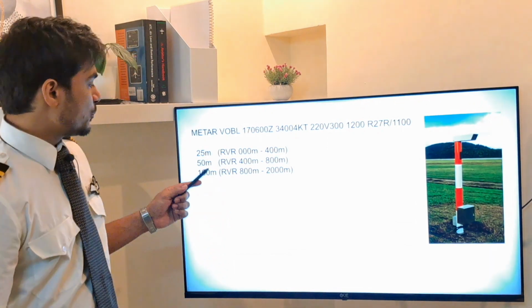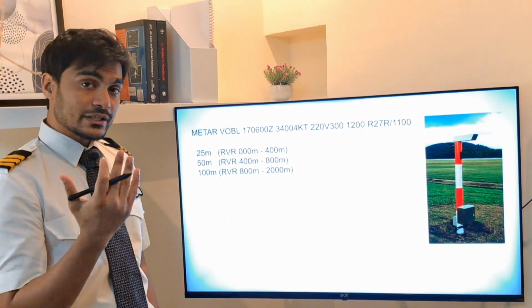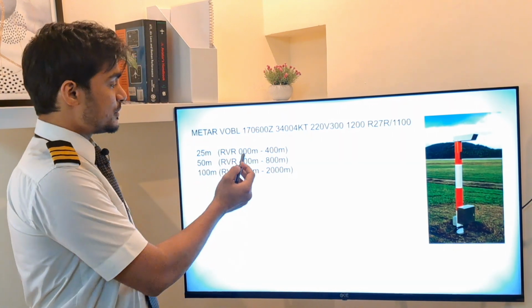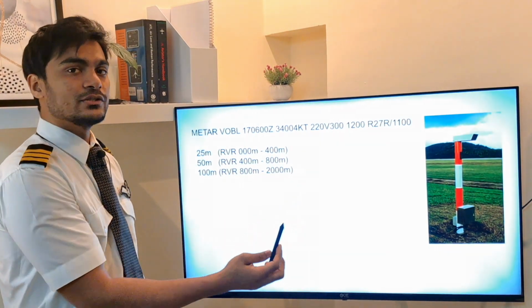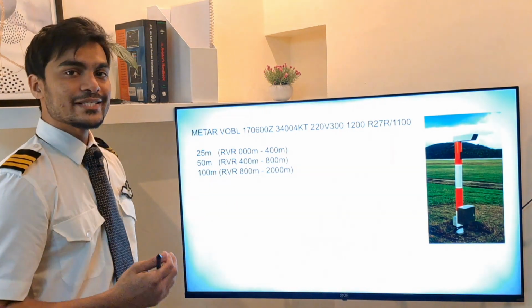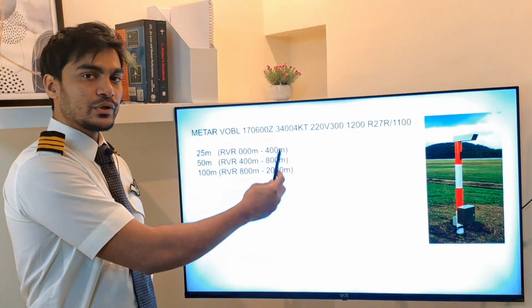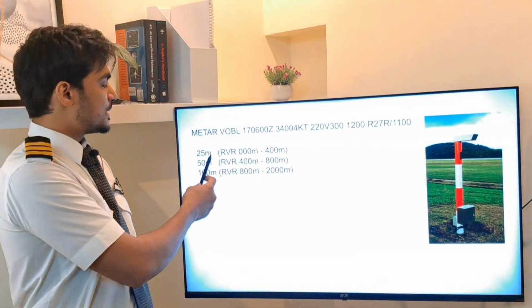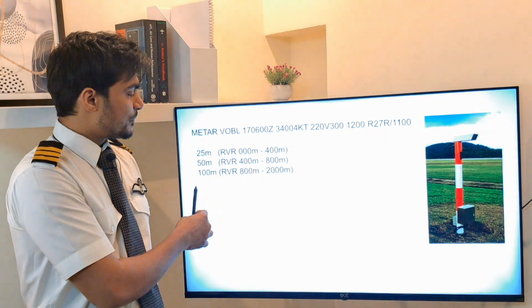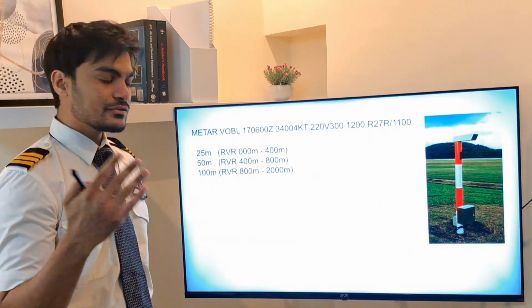So here we have a few intervals for how RVR is presented to us. If your runway visual range is from 0 meters all the way up to 400 meters, it is always presented at an interval of 25 meters, like 25, 50, 75 and so on. Then from 400 meters up to 800 meters, it is presented at an interval of 50 meters, like 400 meters, 450, 500, 550 and so on.